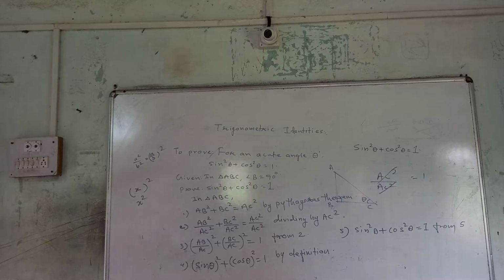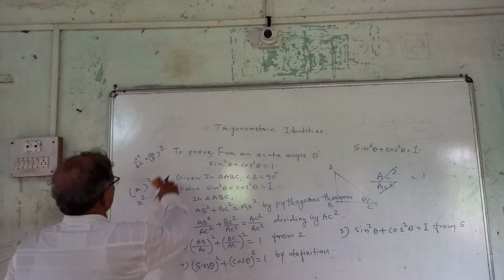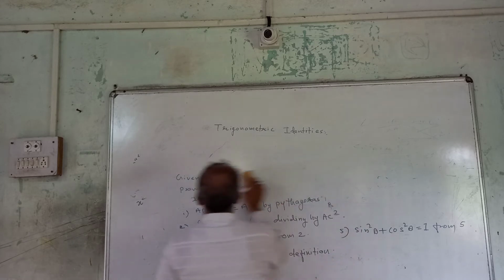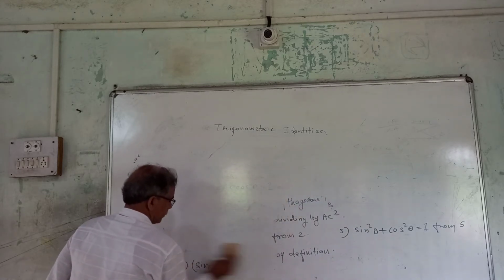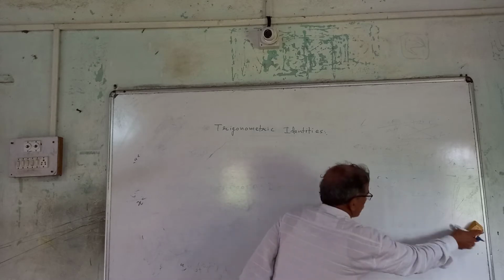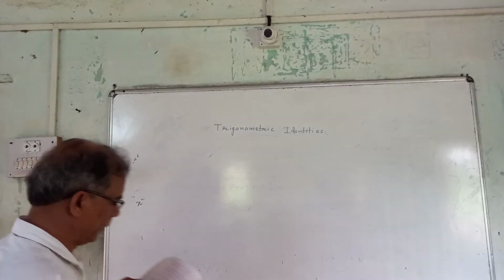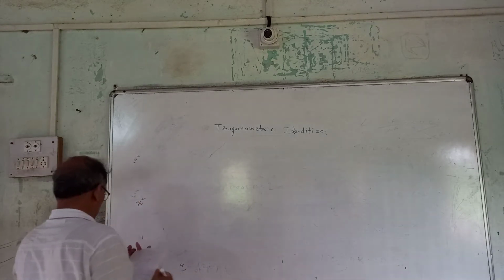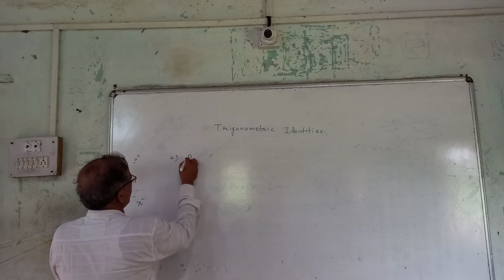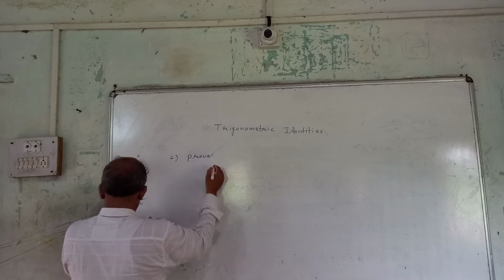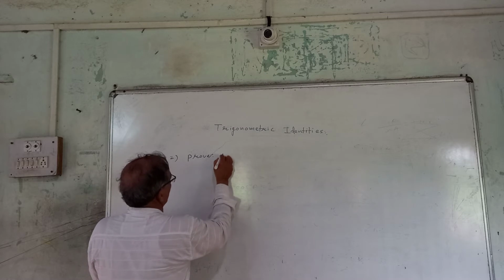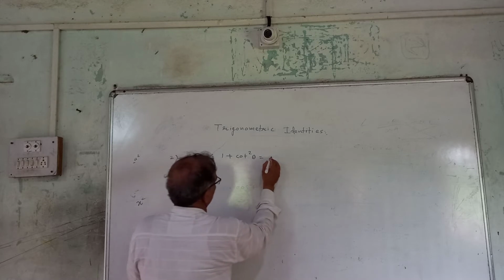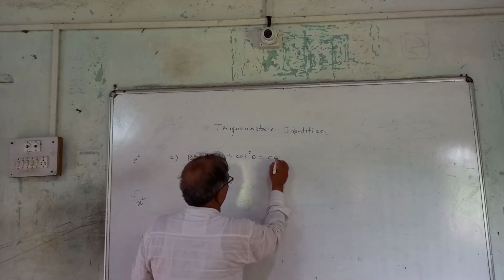Your second identity is to prove 1 plus cot square theta is equal to cosec square theta.